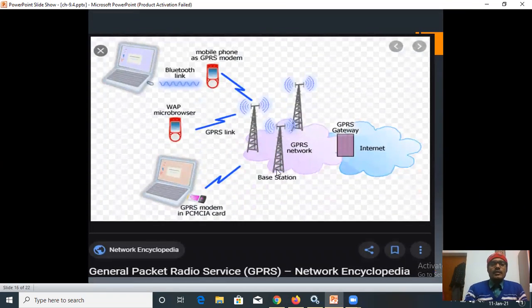You can see the picture of GPRS: the mobile phones or laptop or tablet or modem are ultimately connected to the servers. They are getting radio signals from the tower, and the data is in the form of radio signals. They are connected with the tower and getting data from the tower.